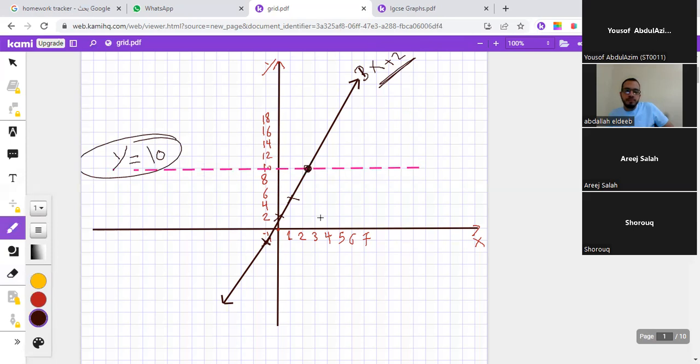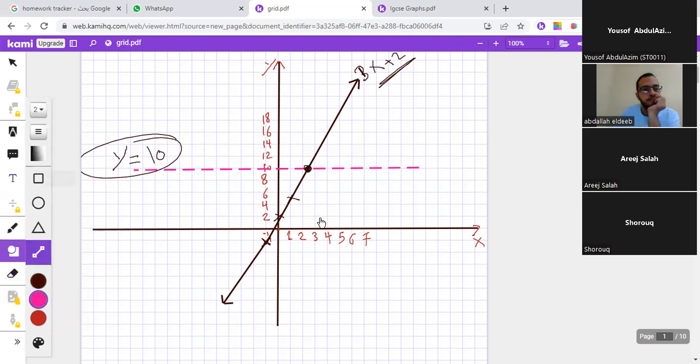It is 10 and, here, 1.5, I guess. How come, not 2? 2.5. Yes, 2.5 and 10. 2.5 comma 10.